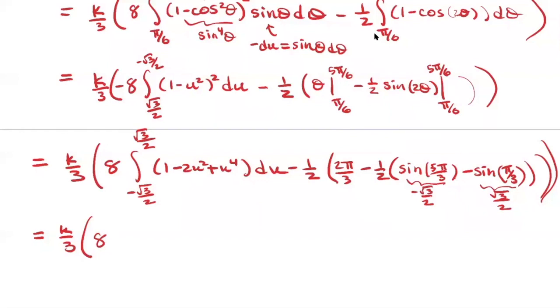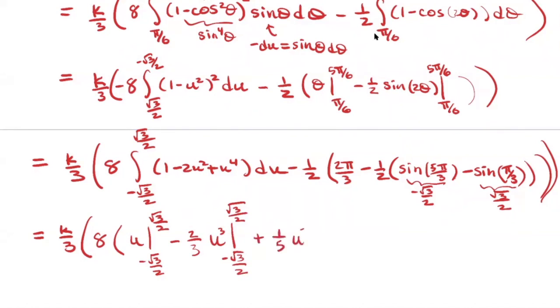So this will be u from negative root 3 over 2 to positive root 3 over 2, and then minus 2/3 u to the third from negative root 3 over 2 to root 3 over 2, and then plus 1/5 u to the fifth from negative root 3 over 2 to root 3 over 2, like that.